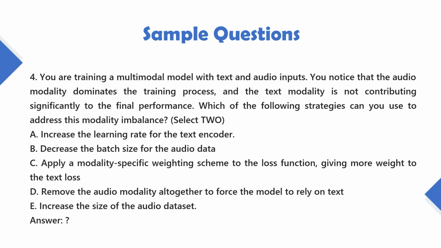A. Increase the learning rate for the text encoder. B. Decrease the batch size for the audio data. C. Apply a modality-specific weighting scheme to the loss function, giving more weight to the text loss. D. Remove the audio modality altogether to force the model to rely on text. E. Increase the size of the audio dataset.